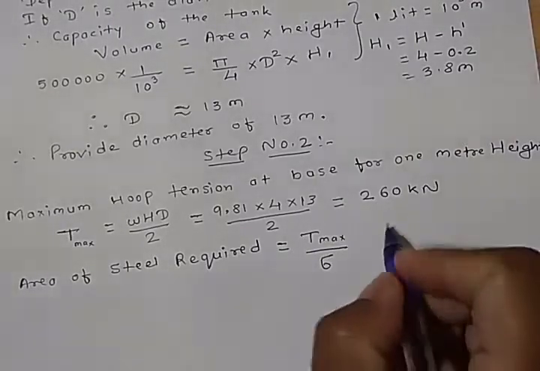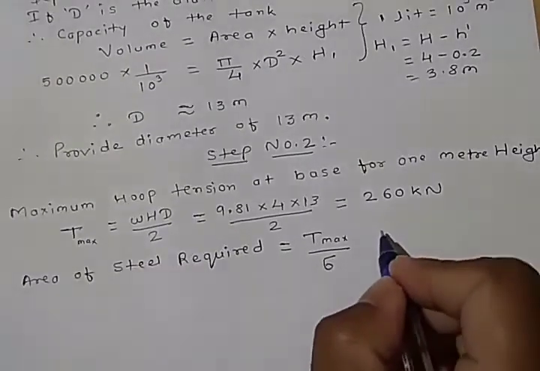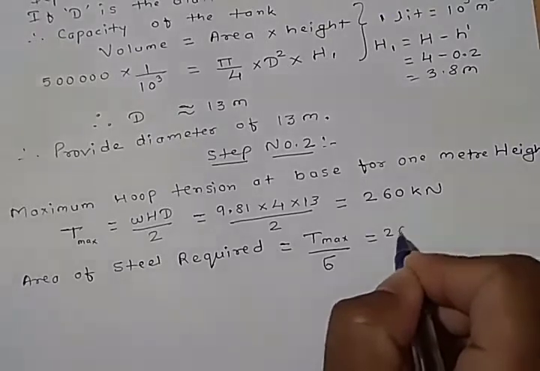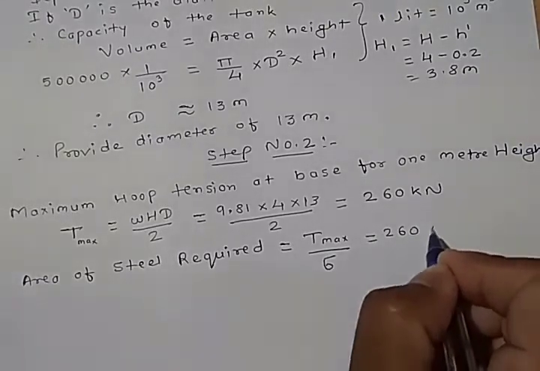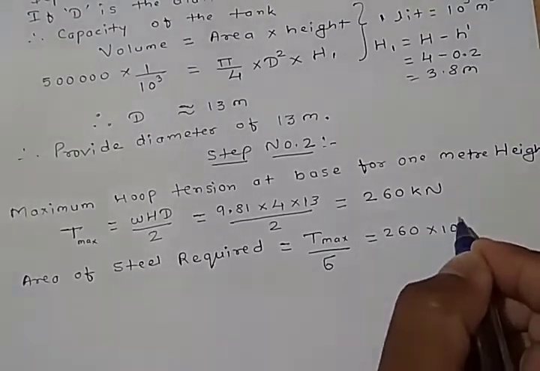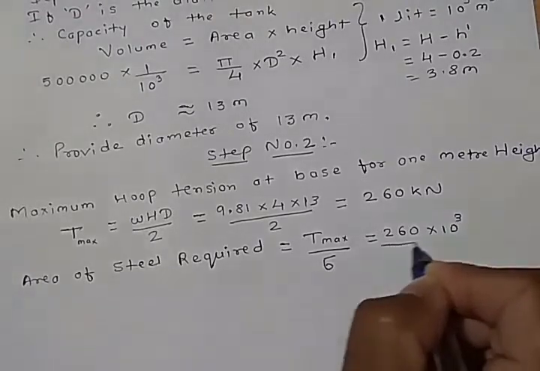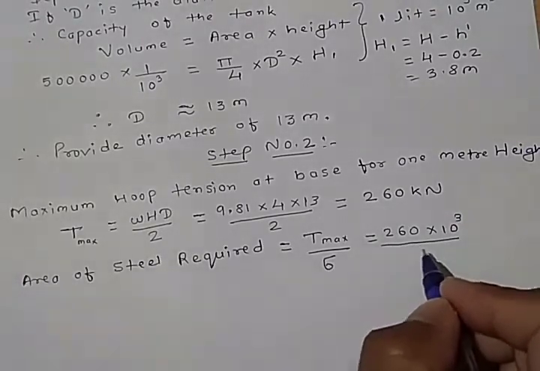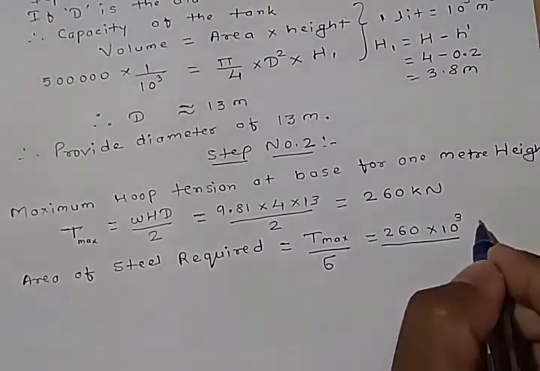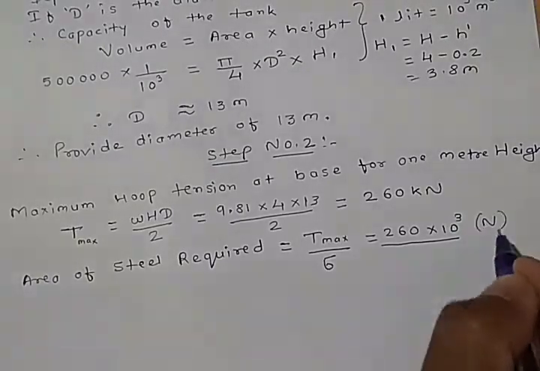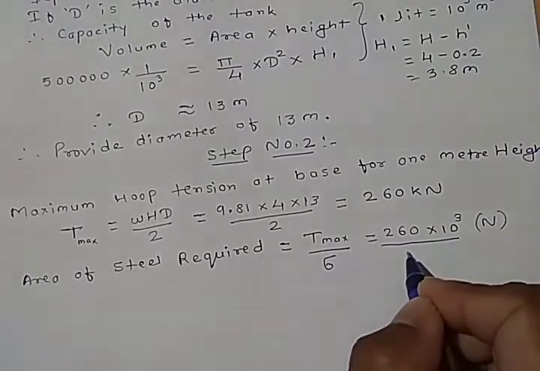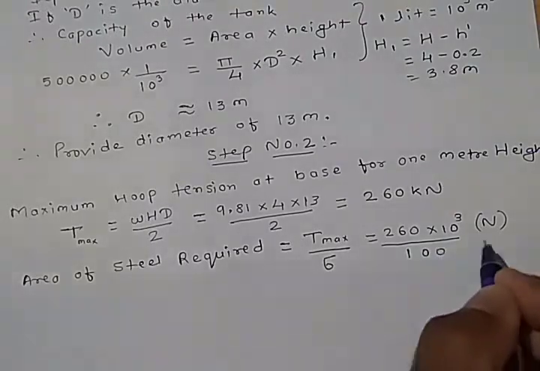So T max is equal to 260, and we'll convert it into Newton, so this is 10 to the power 3 Newton, this is the unit, and sigma is 100 Newton per mm square.